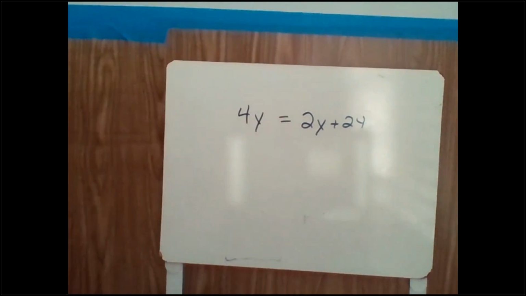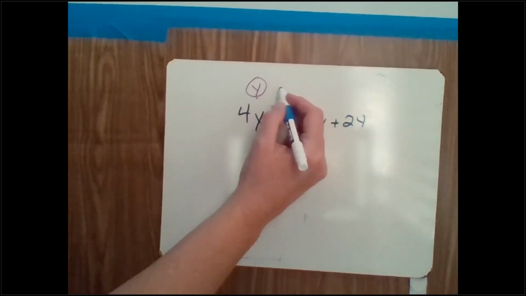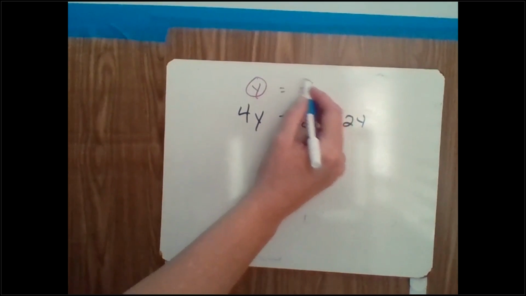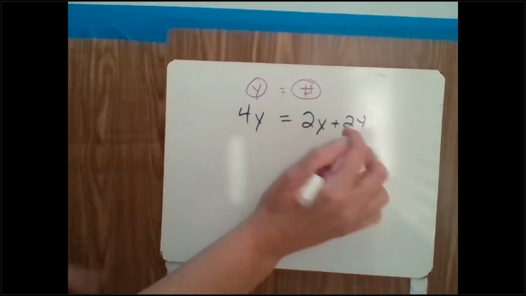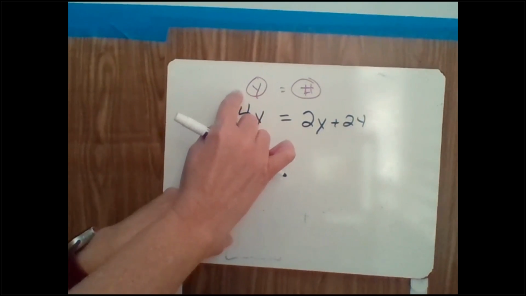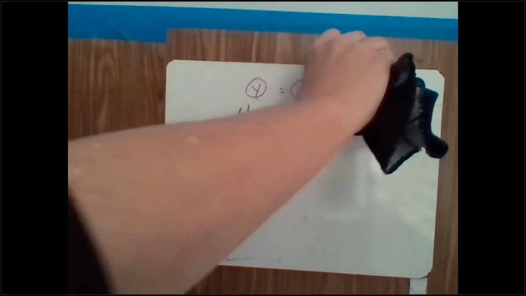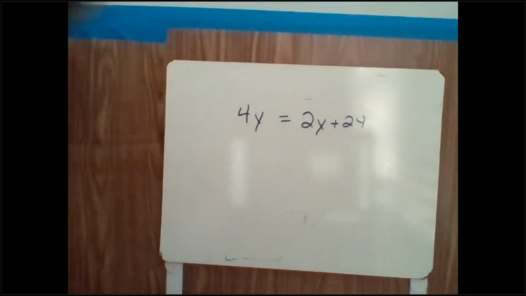Now this is another example of when I would come up with my plan and I would say, look, I've got y's on both sides. Most of my y's are on the left, so I want to leave all of my y's on the left. Too many times students don't think about making the plan first and they just start going.